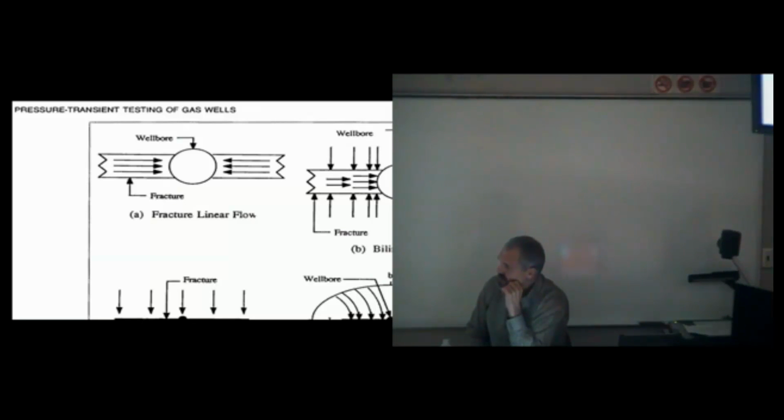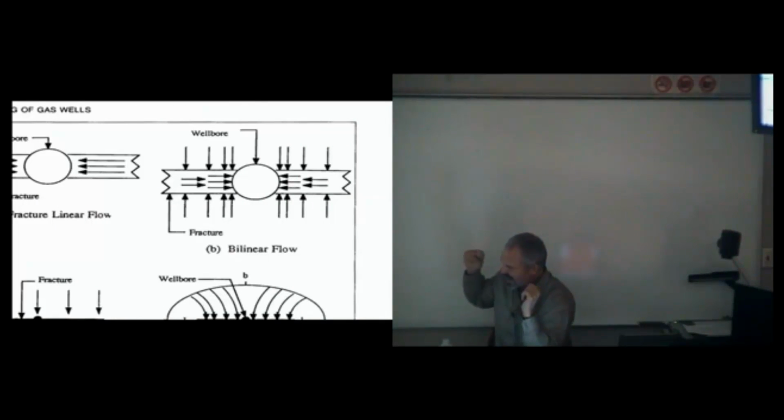So bilinear is when you're draining both the fracture and the reservoir through that fracture. I like the enhanced oil recovery term: I'm gas flooding a water-filled frac. But because the pressure sink is in the middle of that sand pack, it floods from the inside out. It takes a long time for the tip of the fracture to be completely flooded.